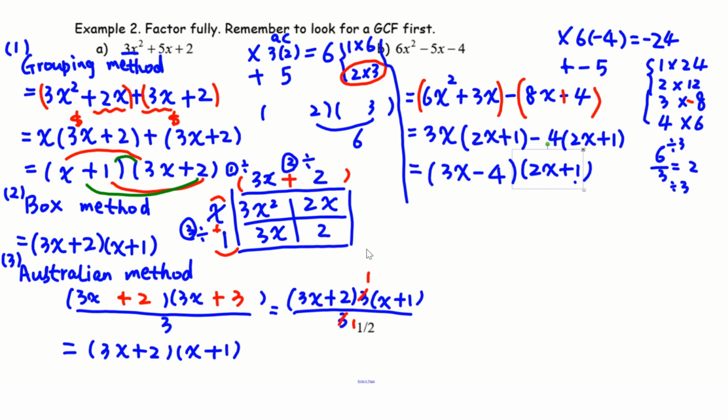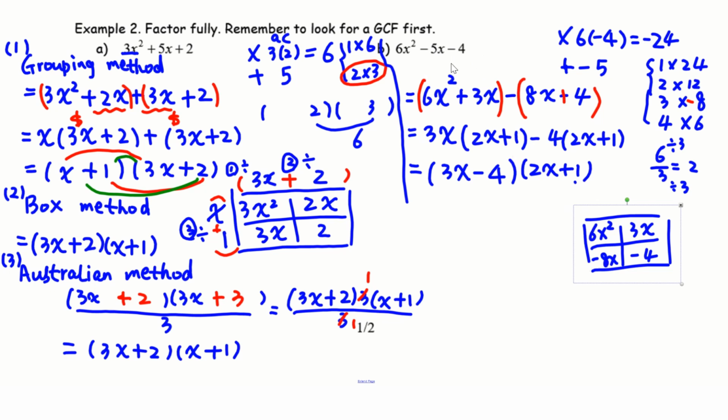Then if we do the box method, 6x squared plus 3x will be the first row, -8x minus 4 will be the second row.